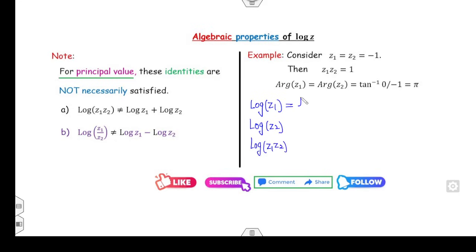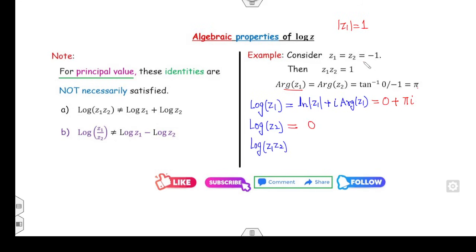By the definition, this is log of the mod of z1 plus iota times the principal argument of z1. If I substitute the values, what is the mod of z1? 1. Log of 1 is 0, plus the argument of z1 is pi. The first answer is pi iota.